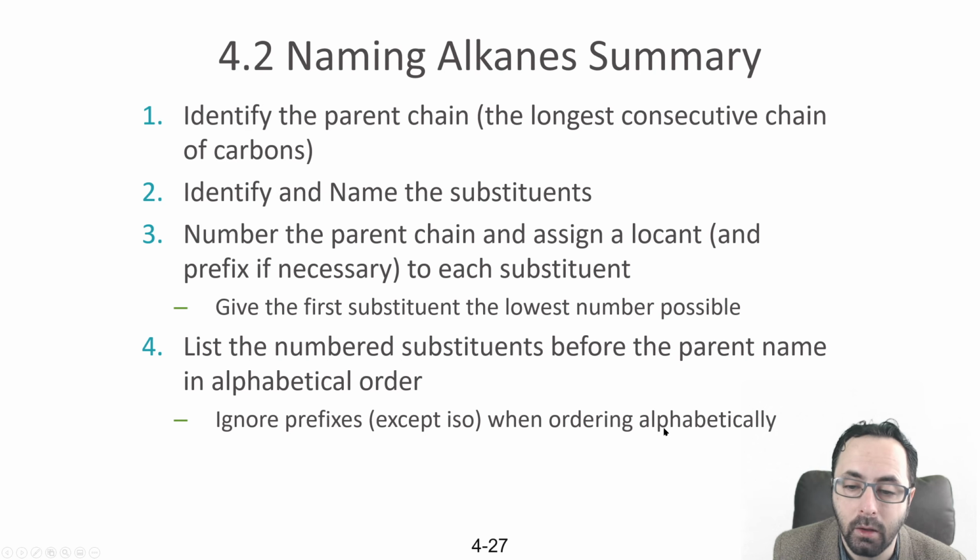If it's tied, go to the second substituent. If it's tied, go to the next substituent. If all the substituents are tied in terms of numbers, then you use alphabetical order as a tiebreaker. Finally, you list the substituents before the parent name in alphabetical order. And prefixes do not impact this alphabetical order except for iso.